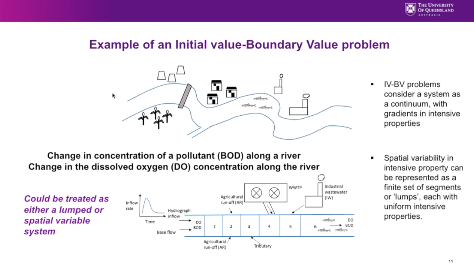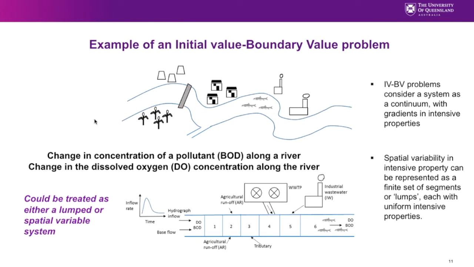Or something that can maybe increase the dissolved oxygen, because here we're not considering that, but dissolved oxygen can also increase due to some processes that can occur in the river. Later on we will describe some of these examples. So initial value boundary value problems consider a system as a continuum with gradients in intensive properties.